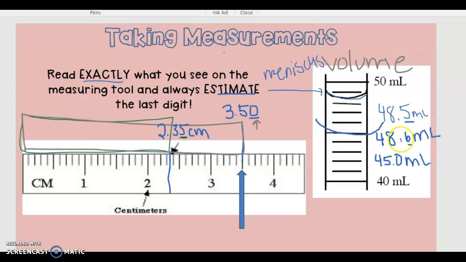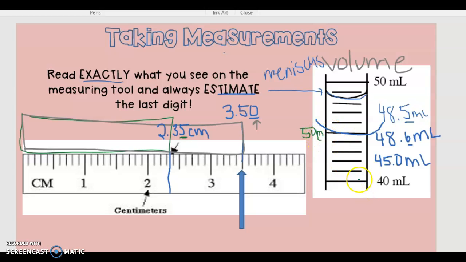It's really, really important that you guys figure out what the increments are increasing by. So let's say, for instance, my graduated cylinder, let's say this tick mark is actually the 50 milliliter mark. So I'd have to figure out what my calibrations are, or what each of my tick marks is.